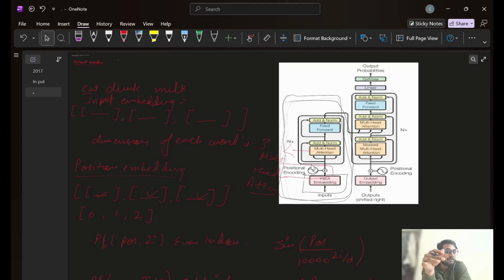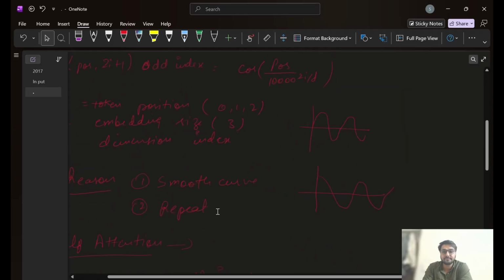After adding positional encoding vectors to our input embeddings, we have the information of input embeddings plus positional embeddings. Then these three vectors go into the attention part, and the output of attention is also a set of three vectors, the same as our length of words.